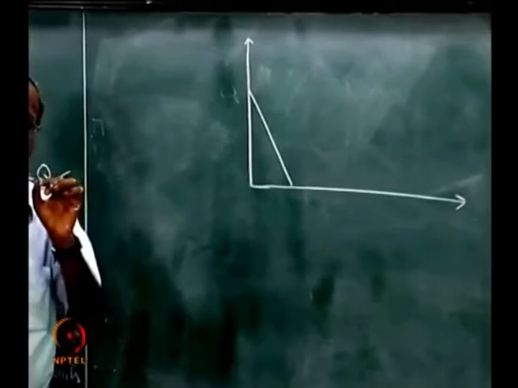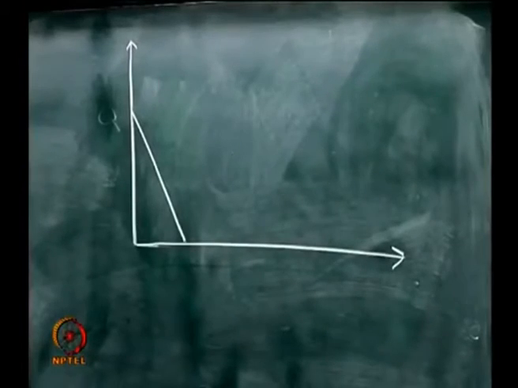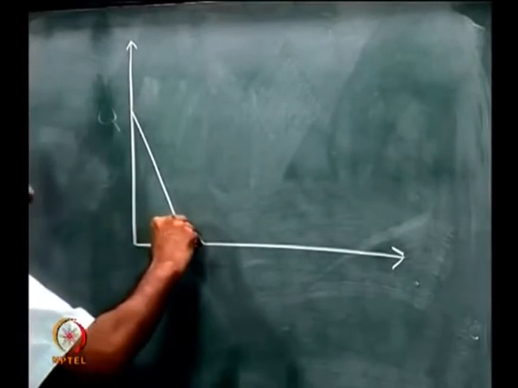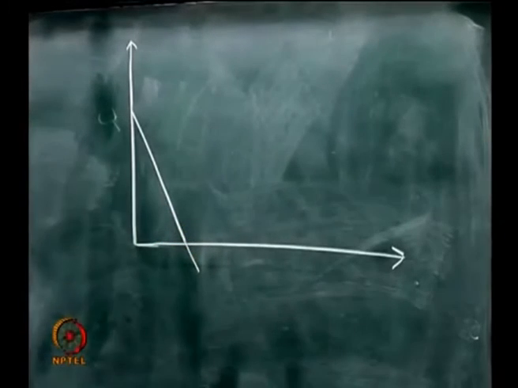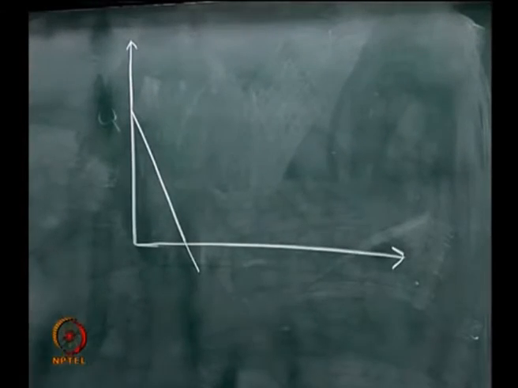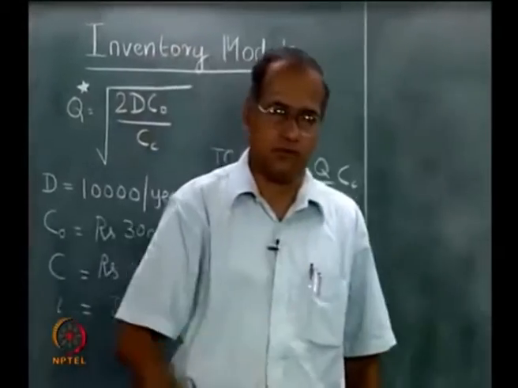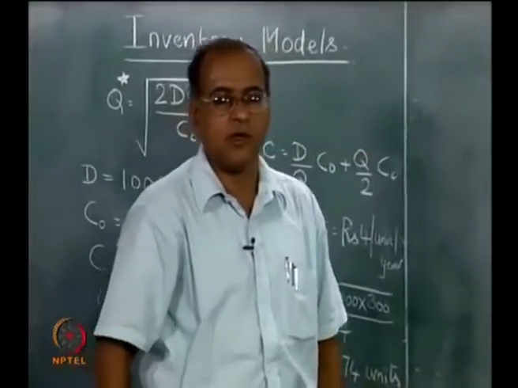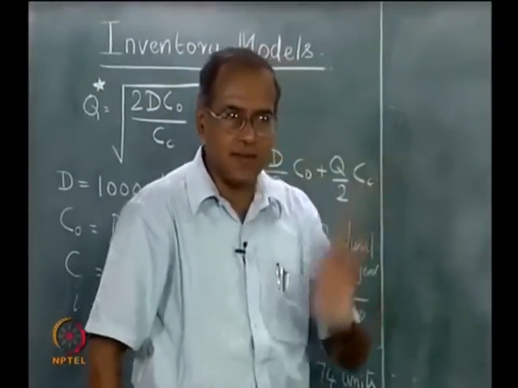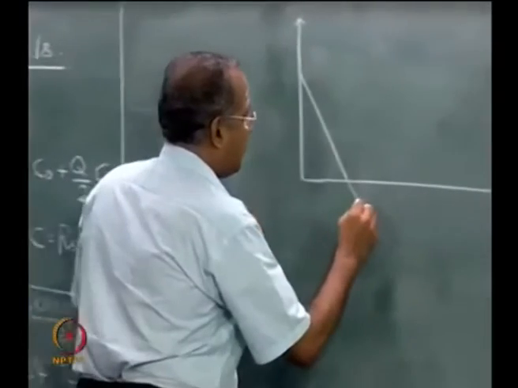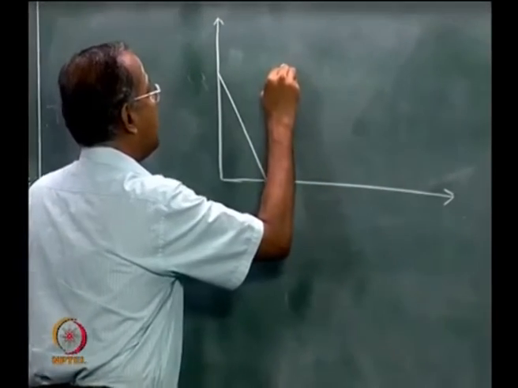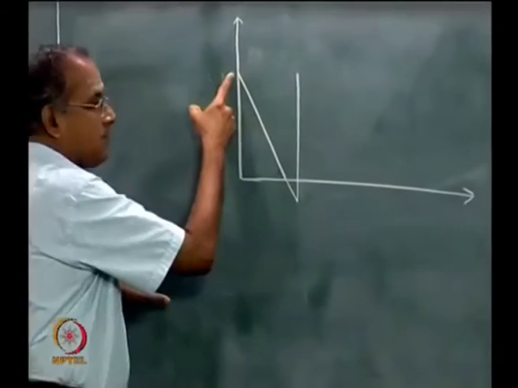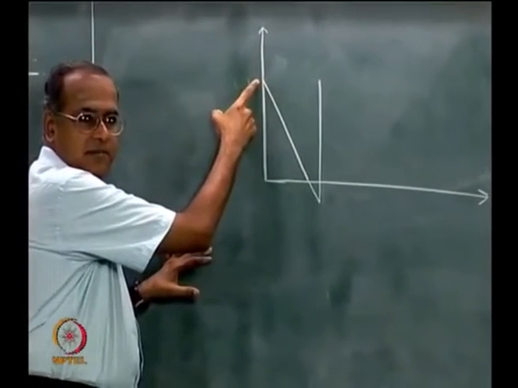Now we are going to allow a little bit of back ordering. So we do not place an order here; we allow back ordering, we build up some back orders, then we place an order for Q, which is instantly replenished. Let us say after the replenishment it reaches this point, the point where we started.